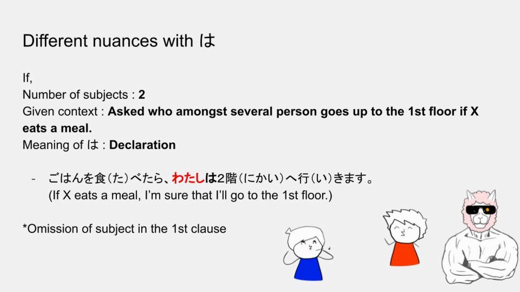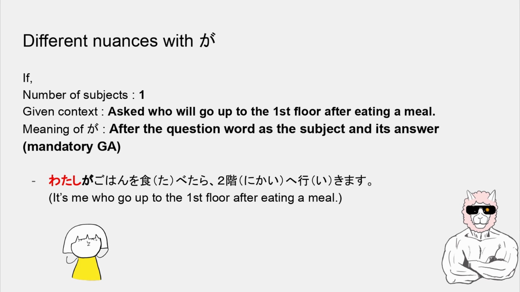And another example, mind you, now that the visible subject is in the first clause with the particle ga. If the number of subjects is 1 and the given context is like I was asked who will go up to the first floor after eating a meal, and the meaning of ga is mandatory ga, so after the question word as subject and answer for it.